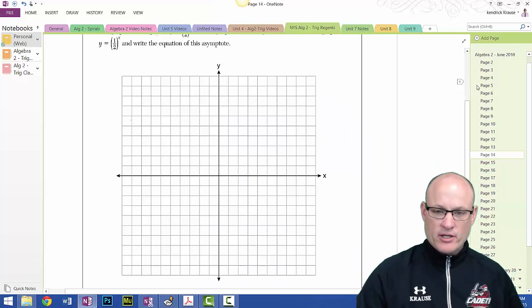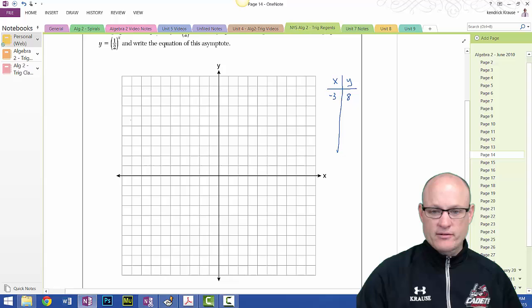And what you might want to do is just draw a little table here for your grader so you know what's going on, x and y. Negative 3 was the smallest, that was 8. Negative 2 was 4. Negative 1 was 2. 0 was 1. 1 was a half. And 2 was a fourth.